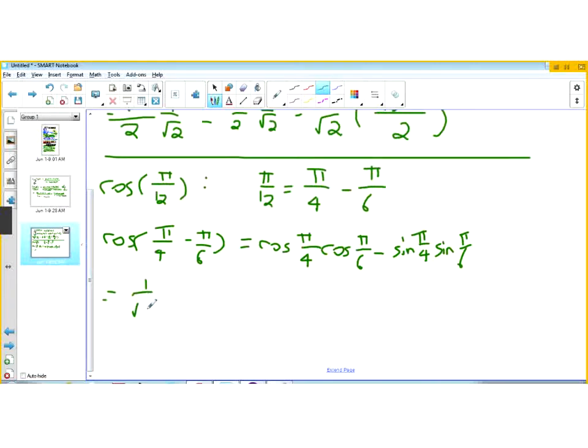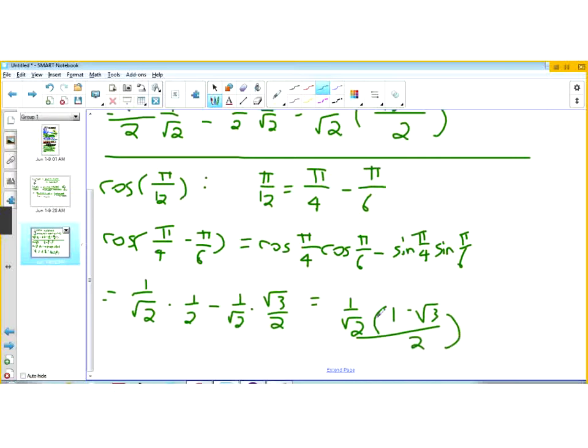That would equal 1 over the square root of 2 times 1/2 minus 1 over the square root of 2 times the square root of 3 over 2. Factoring out 1 over the square root of 2 times, that would be 1 minus the square root of 3 over 2. All right, so cosine of pi 12ths.